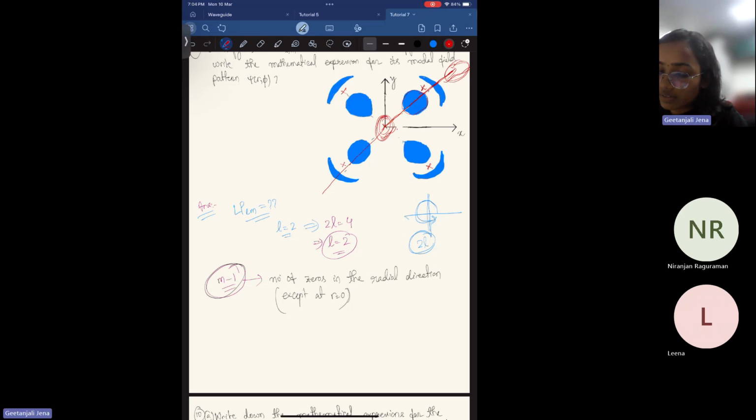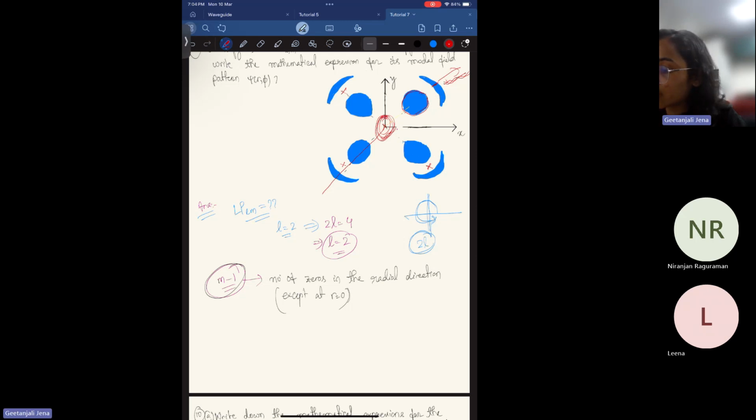No, M is not 3, M is 2. Because don't consider these zeros. This 0, don't consider it, in this region don't consider it. Only the number of zeros in between the modes. So we are ignoring the origin point.